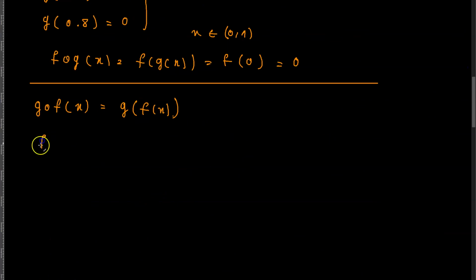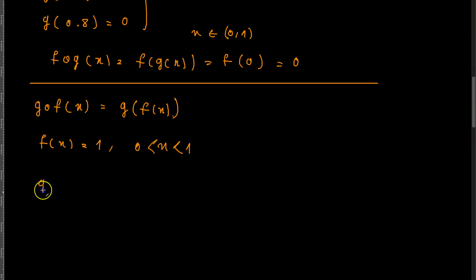So f of x is equal to 1 for x's greater than 0, or between 0 and 1, you can say. So if x is between 0 and 1, then of course f of x is equal to 1.